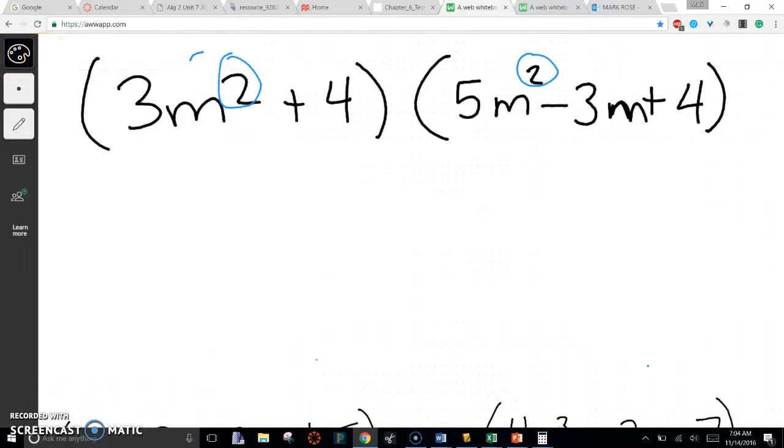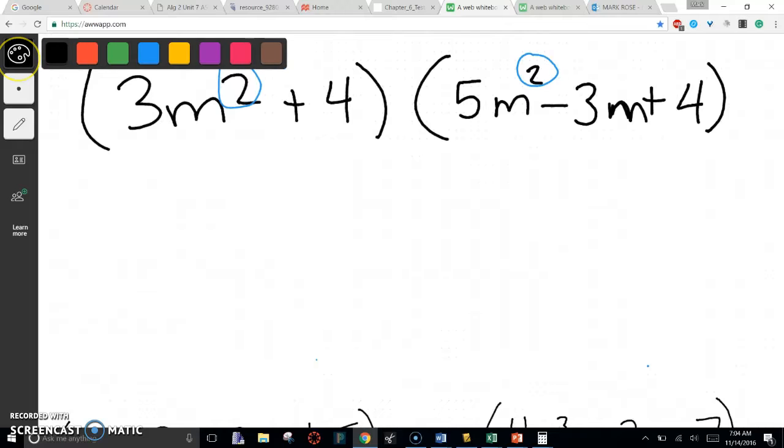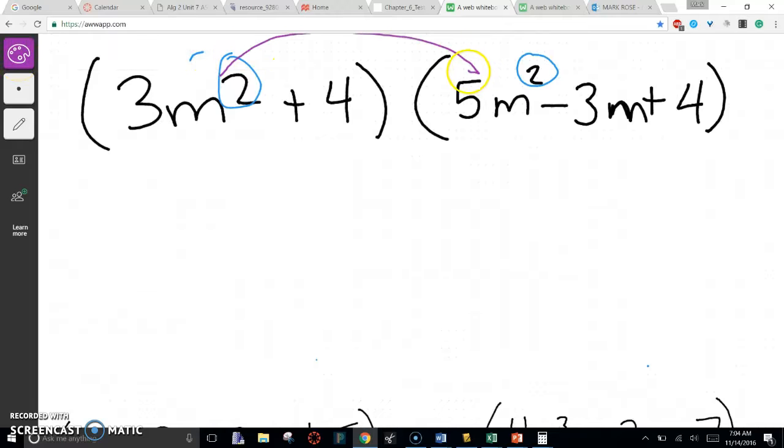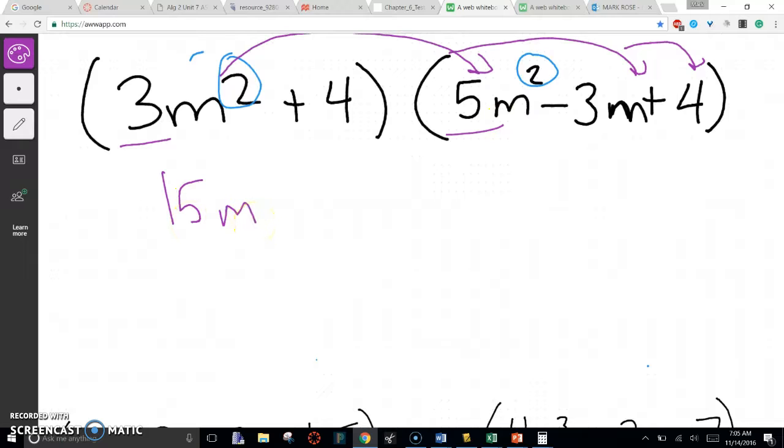When we multiply these two, this is like distribution or foiling, so we multiply by all the terms. 3 times 5 gives me 15, and you add the exponents. So m to the second times m to the second gives m to the fourth, because 2 plus 2 is 4. Then 3m squared times negative 3m gives negative 9m to the third. Again, this would be a 1m, that'd be a 2, so 2 plus 1 is 3.